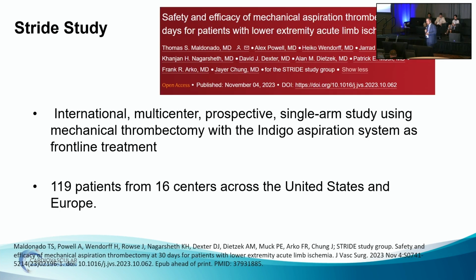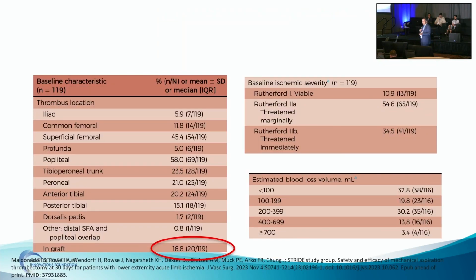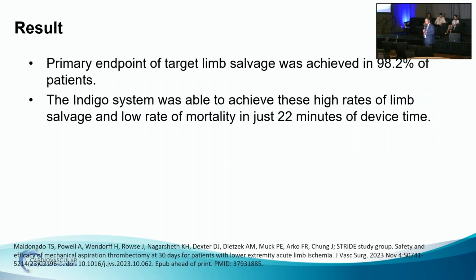This is a paper called the STRIDE study. It's an international multicenter study that was done treating patients using Bolt 7. And if you notice, graft was around 16% of those patients, and the primary endpoint was limb salvage, achieving 98.2%. That's a pretty impressive outcome.